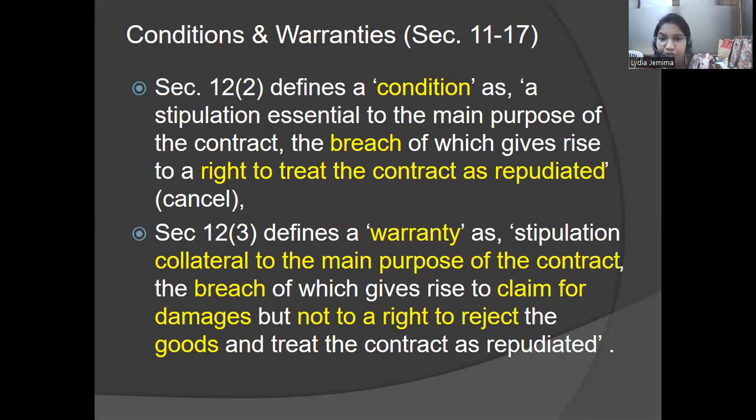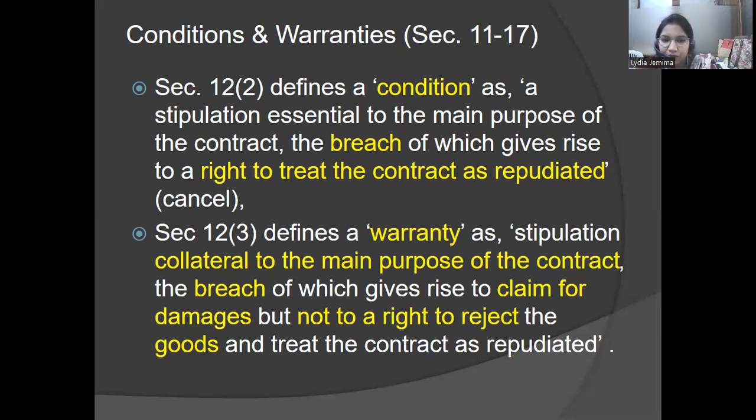So in case you breach any of the conditions, there are certain elements of the sale which, if you don't fulfill, your contract is not treated as a valid contract. It will be cancelled.